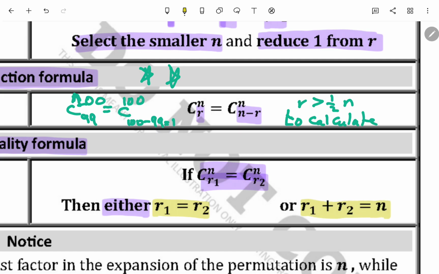And this will take you back to what we did here exactly. We said that 99, if you add it to that one, you will get that 100. And we said that if we're going to add r plus n minus r, you will get n up. So you can say that whatever you have down, if you add it to whatever you have down, you can get whatever you have up.